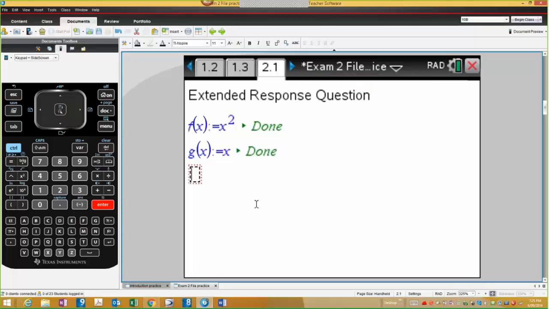From there, they're reading the question, deciding, okay, I might have to solve where those equal.